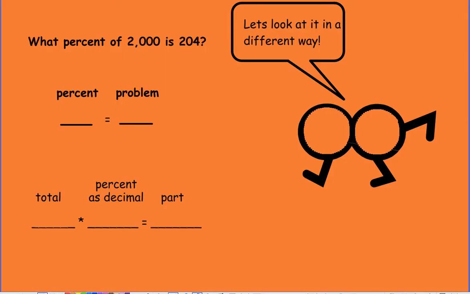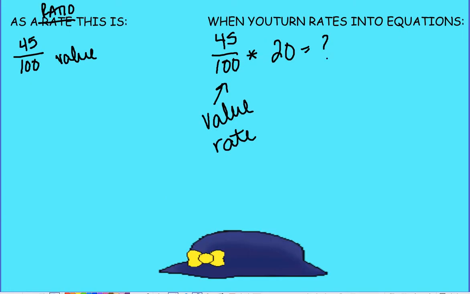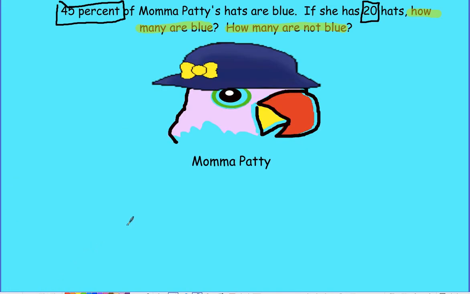All right, so then, let's finish this off and figure out how many of those hats are blue and not blue. So we're going to do this both as a proportion and as an equation so you can look at what I'm talking about. So as an equation, we change it to a percent as a decimal, and we multiply it by our whole.